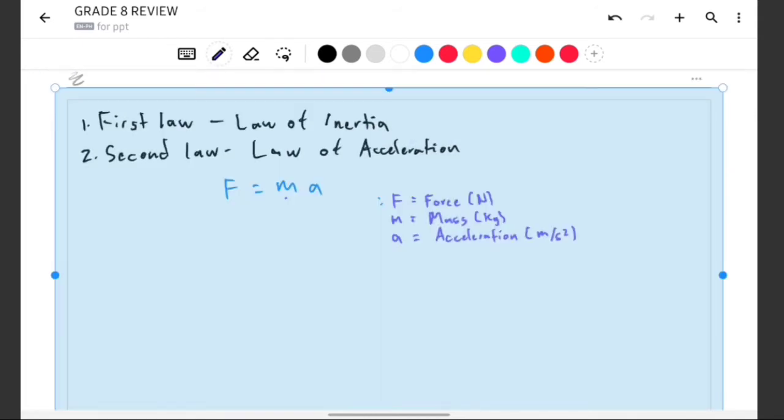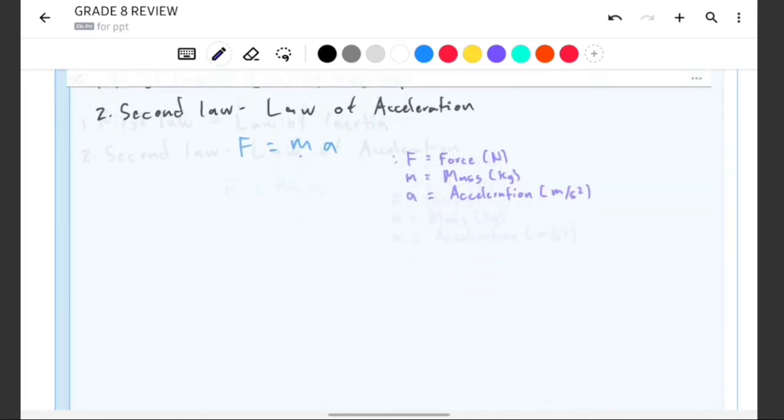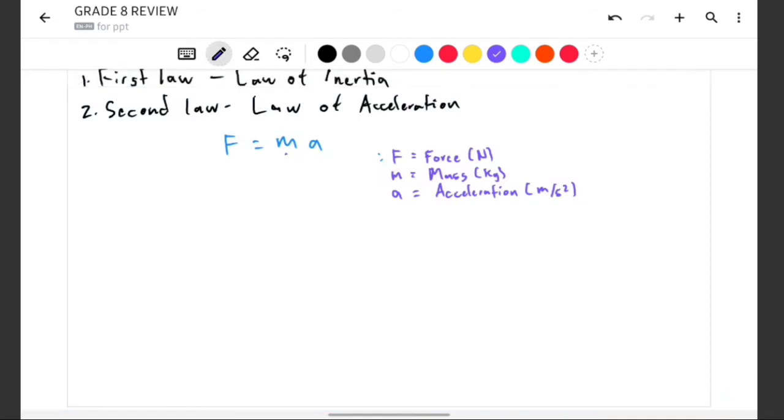Now, meron pa tayong isa na law, which is the third law. Tama? Law of interaction. And, yung formula na binigay dyan, ano yung formula? F1 is equal to F2.